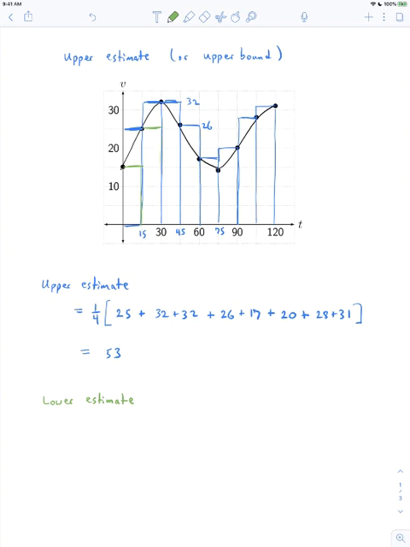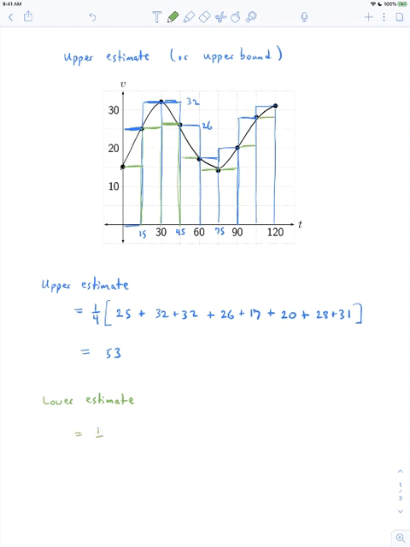And that gives you your second rectangle. Your third rectangle between 30 and 45 minutes, again, you're looking for an underestimate, so you want to choose the smallest value, which is right here at 26, like that. And so on and so forth. You just always pick the smallest to ensure that the rectangle is completely underneath the curve, like that. And that will give you a lower estimate.